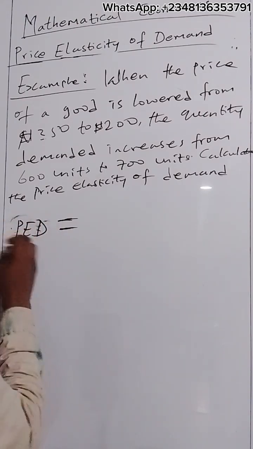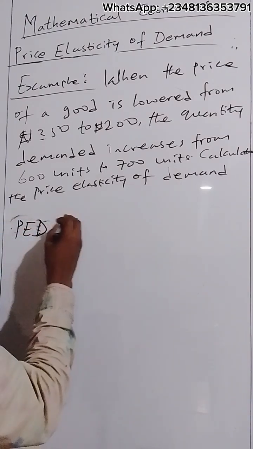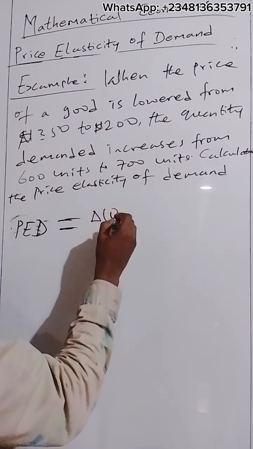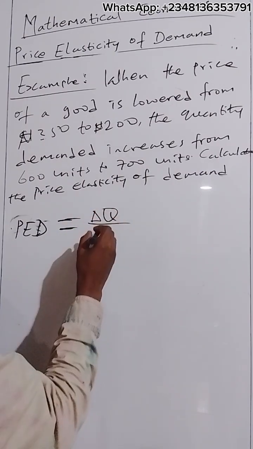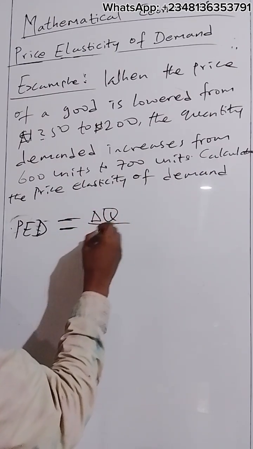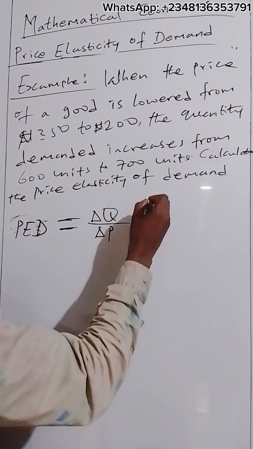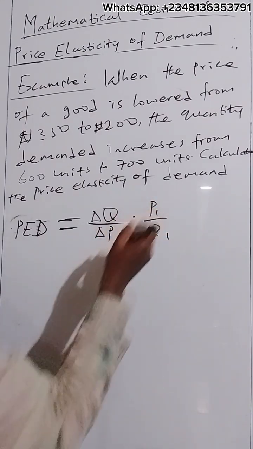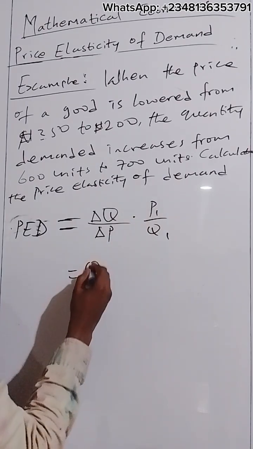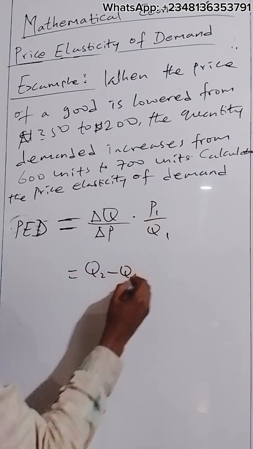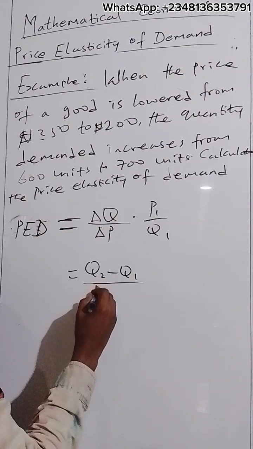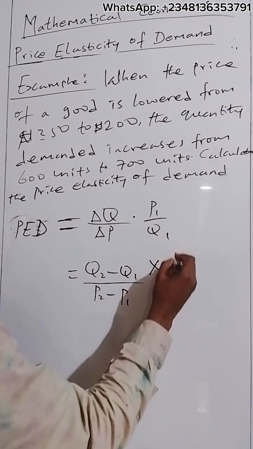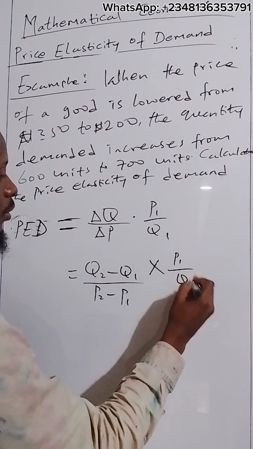One of the formulas we wrote after the manipulation is change in Q over change in P, then multiplied by P1 over Q1. This is equivalent to Q2 minus Q1, divided by P2 minus P1, multiplied by P1 over Q1.